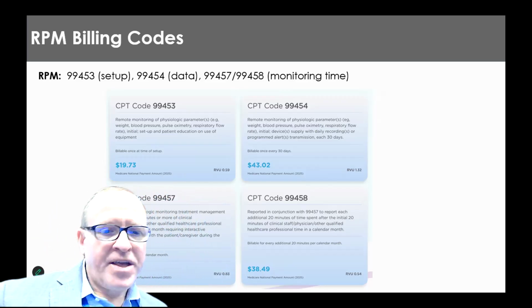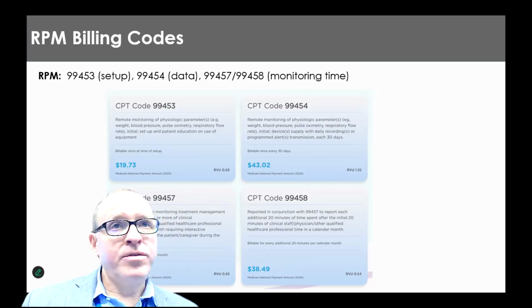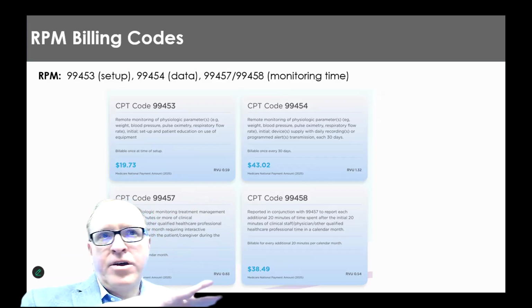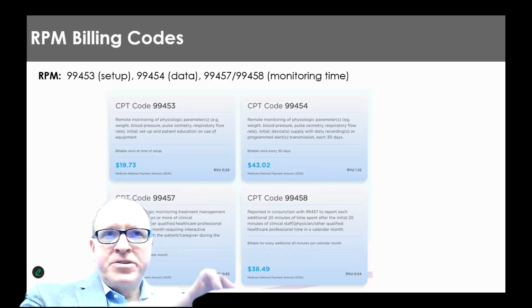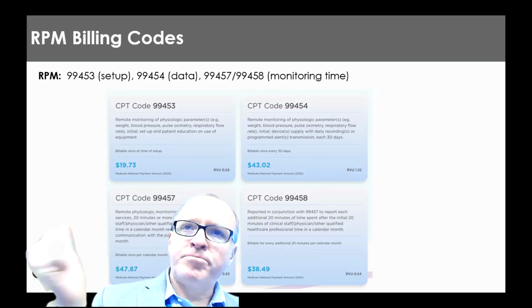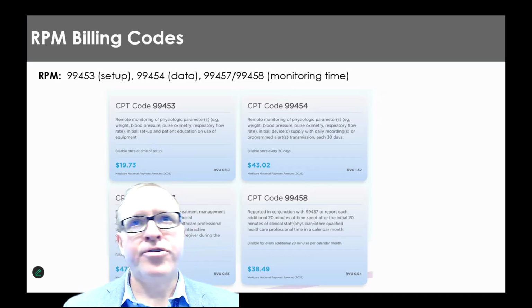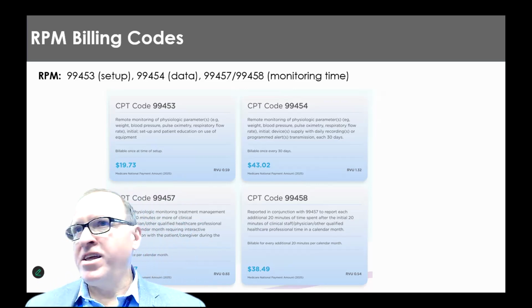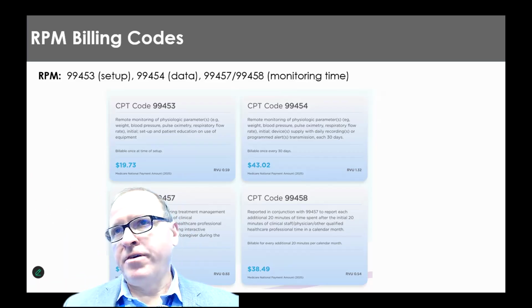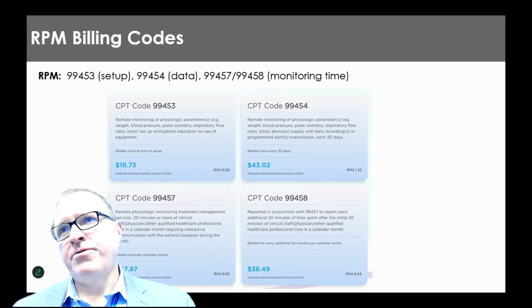And then again, the 20-minute codes: you may have one month, or several months, where one particular patient is doing fine. Your tech or your therapist is only spending 20 minutes a month managing that patient's chart. But then something happens, they have a bad month, there's some sort of downturn, and in that particular month you end up needing to spend 40 or 60 minutes, broken up over the month, of course, interacting with that patient or resolving issues for that patient.